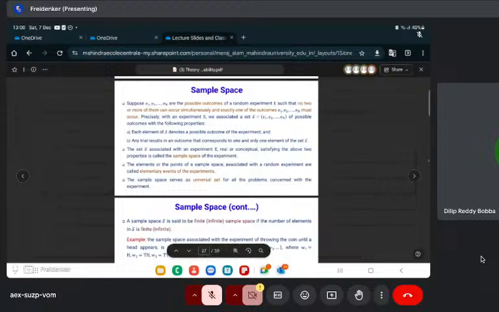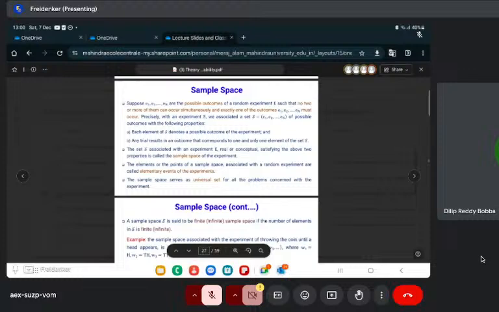It's like my sample space of rolling a die. I'll get 1, 2, 3, 4, 5, 6. So if I roll a die, I will only get one correspondence. I will either get 1, 2, 3, 4, 5, or 6. I won't get 4 and 6 at the same time, right?